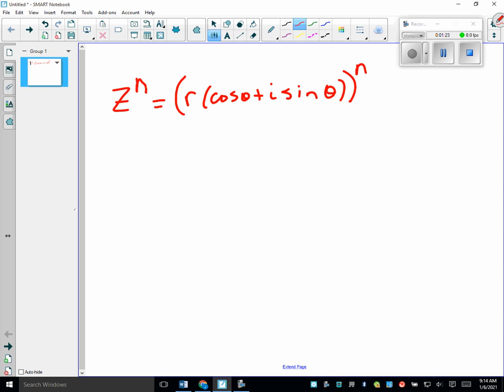Now, to raise them to a power, we take r to the n, and then it's cosine n theta plus i sine of n theta. So basically, I raise r to the power, and I multiply theta times the power. That's an n, not an h.